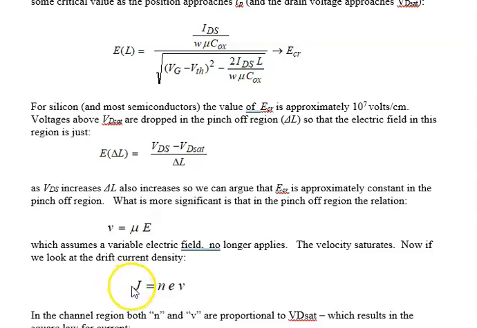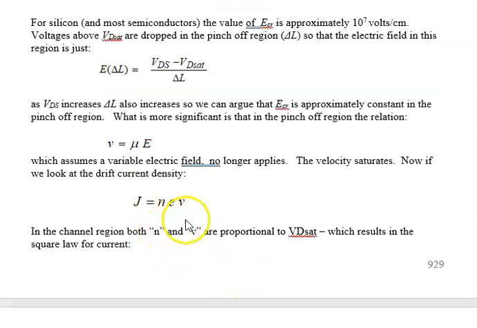Let's go back to our original equation. Current density is equal to NEV, which is coulombs multiplied by centimeters per second. I should say this is coulombs per cubic centimeter, so that the J is amps per square centimeter.